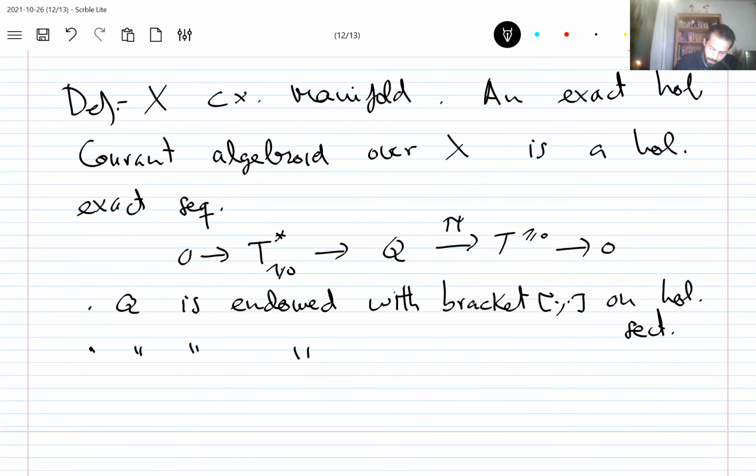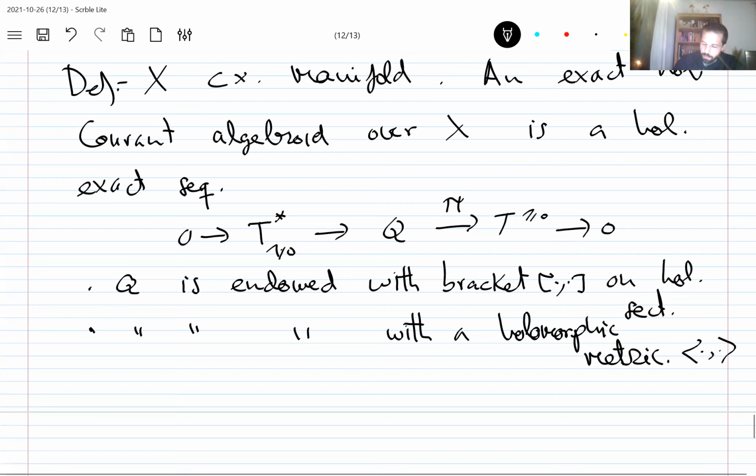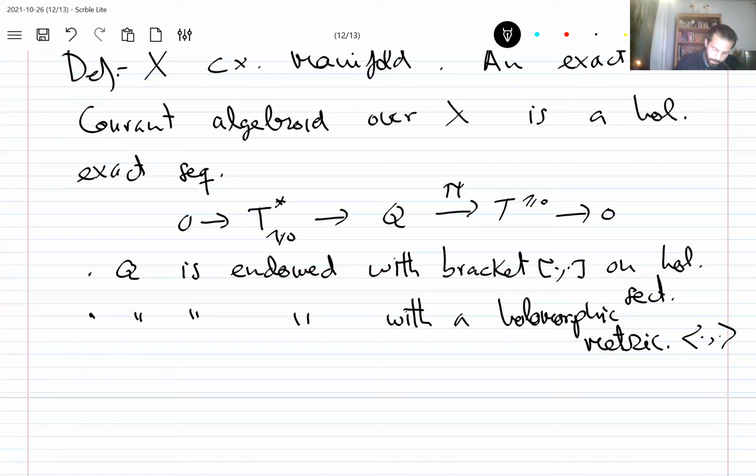Q is also endowed with a holomorphic metric, which I denote by this pairing. And then this map pi above is bracket preserving.